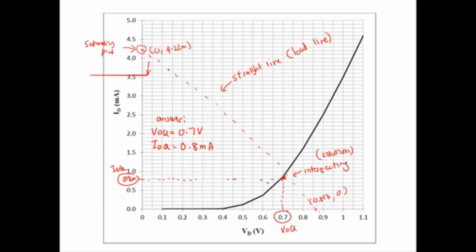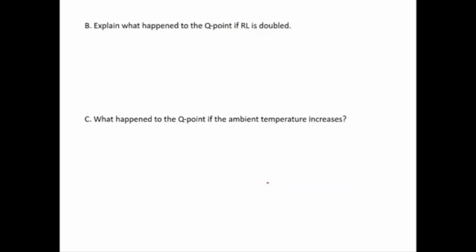So the answer is the IDQ and VDQ become smaller, because the load line slope becomes smaller, and then the Q point is shifted toward the left side. VDQ will shift toward the left side also.